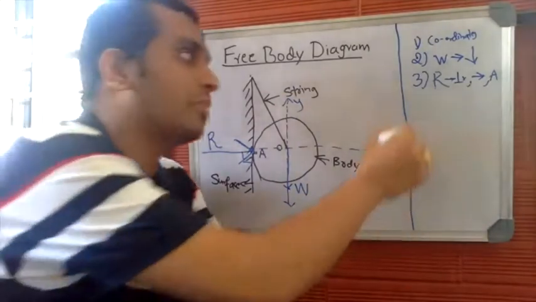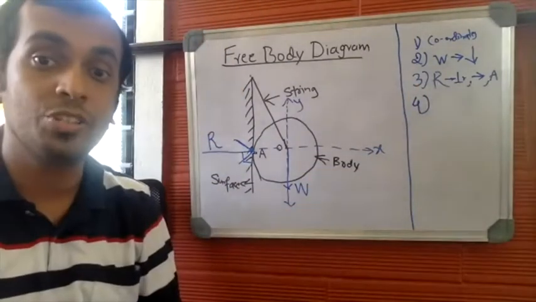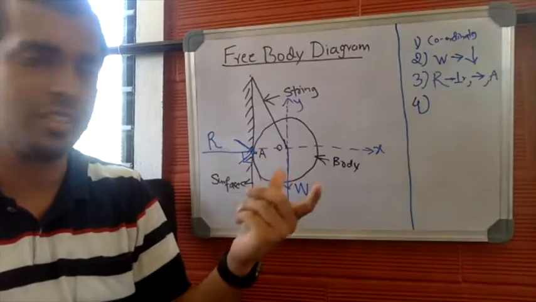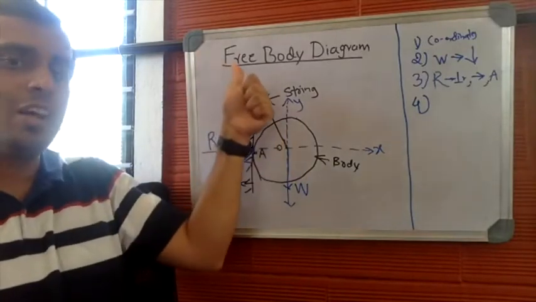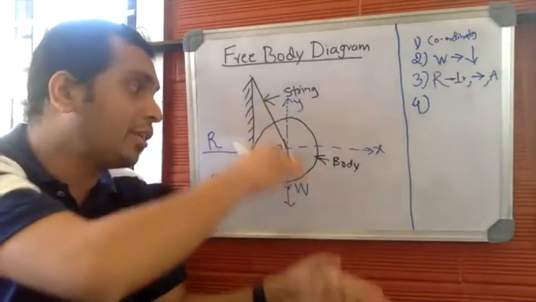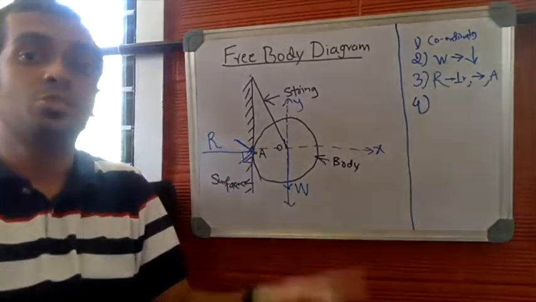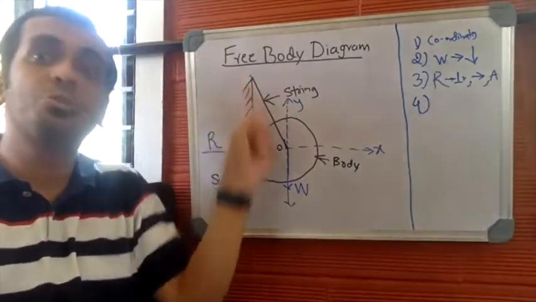Now, step number 4 is to mark the tension along the string. That's a string, is it not? With the help of this particular string, the body is held in contact with the surface. So there is a tension or force which runs through the string.